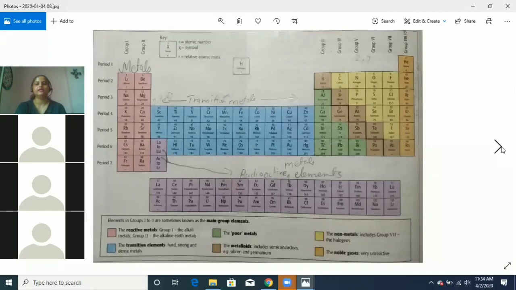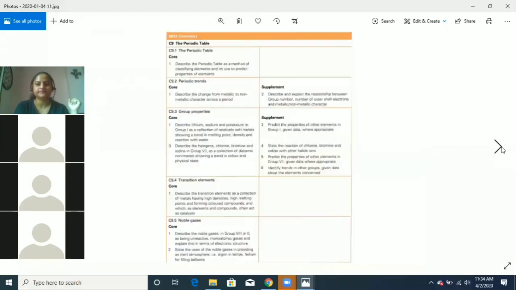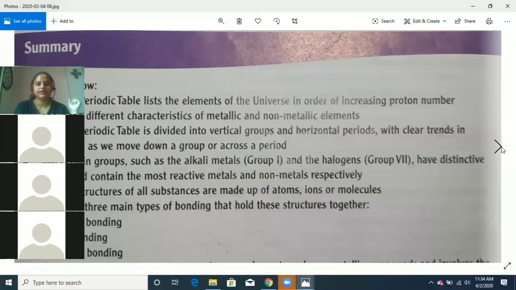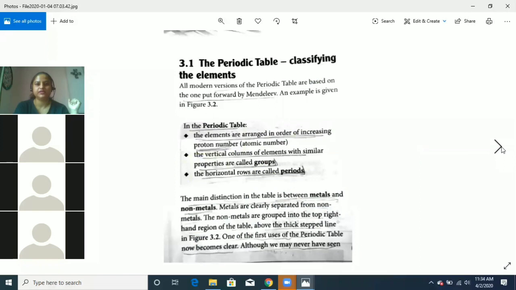Okay. Now come again to the periodic table. So we have learned that in the periodic table, the elements are arranged in order of increasing proton number or atomic number. The vertical columns of elements with similar properties are called groups. The horizontal rows are called periods.